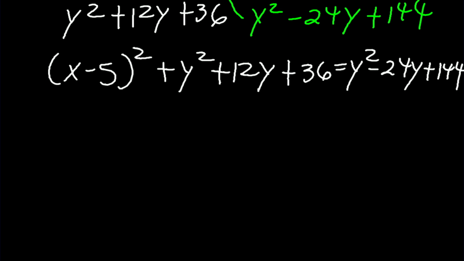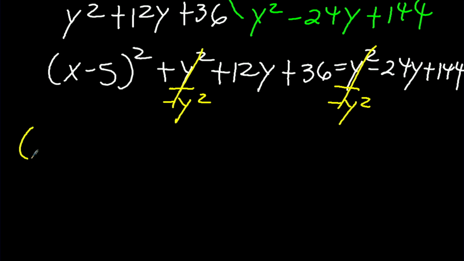All right, now it's a matter of simplifying once again. So notice I have a y squared on this side and a y squared on this side. If I subtract out y squared on both sides, it cancels out. So those are gone.